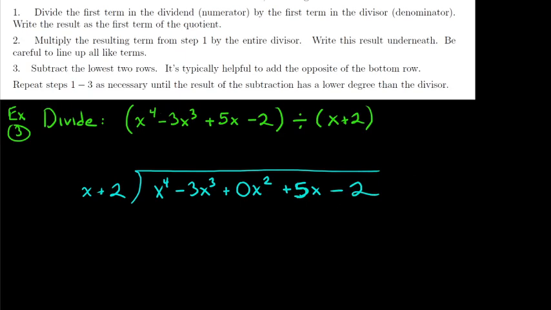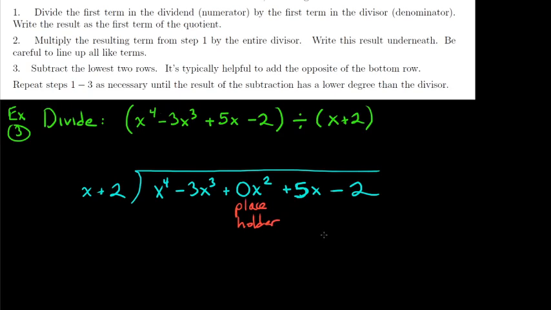Okay, so you might be asking, why even bother writing 0x squared here? If it's just 0, why don't we ignore it like we did up here, in the question? That's a good question, and the answer is to create a column with just the x squares. We need this essentially as a placeholder for the x squares.